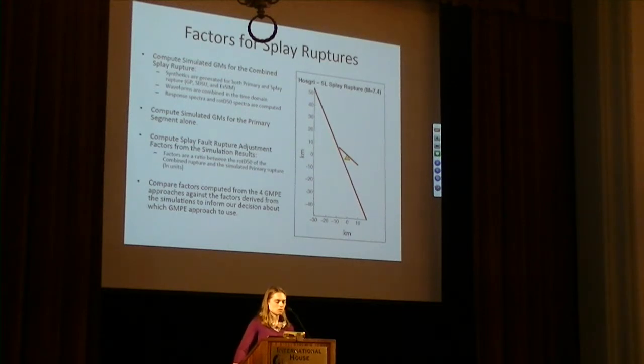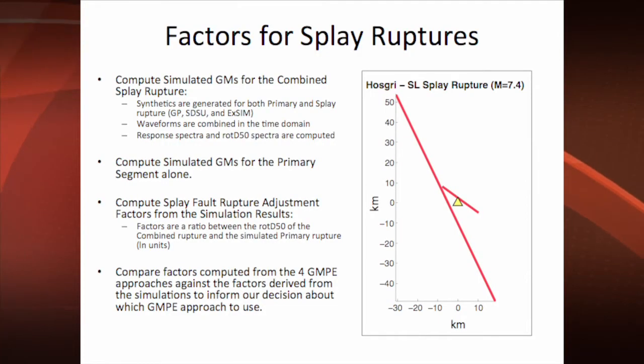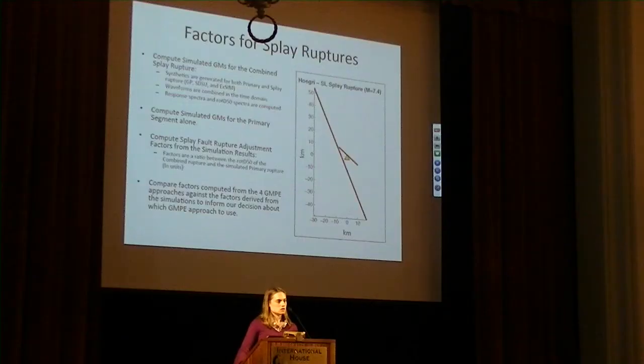The numerator would be whatever the method prescribes for what the full splay rupture would be, and the denominator is just the primary segment. We're going to compute factors for each of the 4 GMPEs, and then compare the factors that we get from the GMPEs with the factors that we get from the simulated results. We're going to use those simulation factors to guide us in choosing the most appropriate method for using the GMPEs.